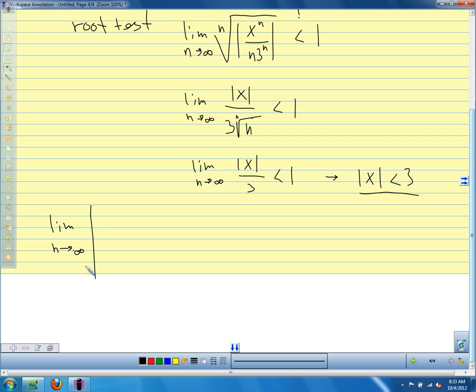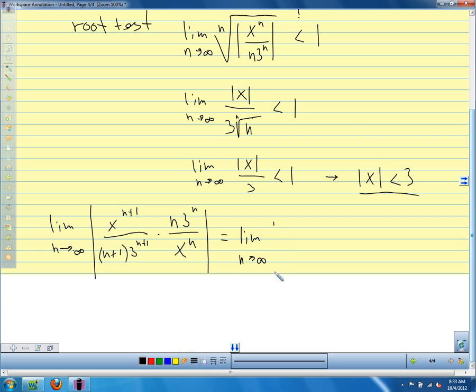And our ratio is x to the n plus 1 over n plus 1, 3 to the n plus 1, times n 3 to the n over x to the n. And we just need to simplify this.